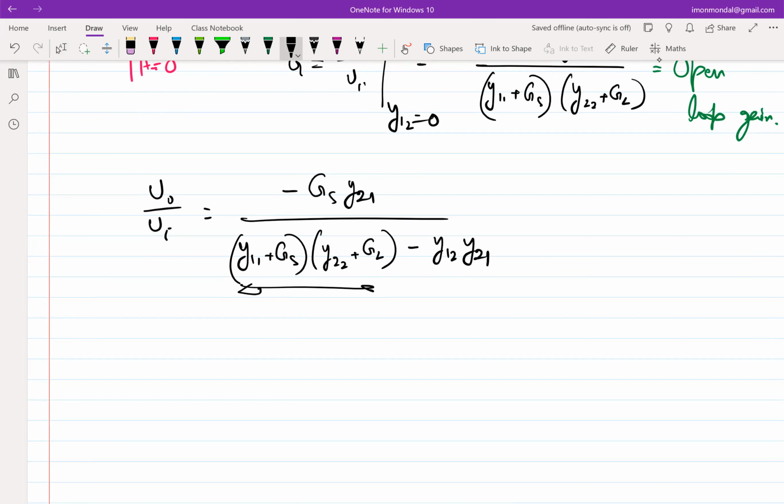So that I get this factor on the top and I can write it in terms of G by 1 plus something.